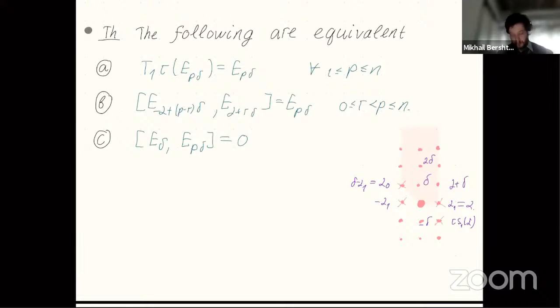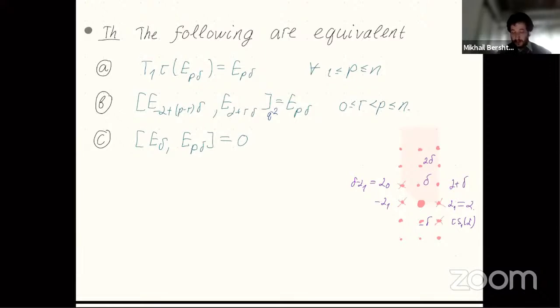Now the condition B means that we can define the element EP delta as any Q commutator, here Q to the power minus 2 commutator, as a commutator of any two elements of our root generators such that the sum of the roots is equal to P delta.